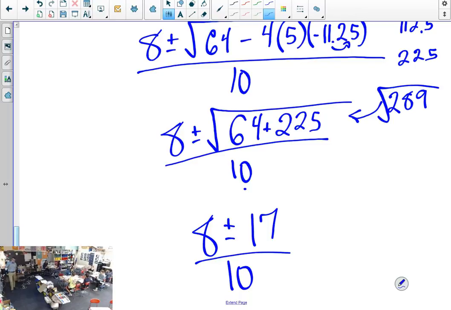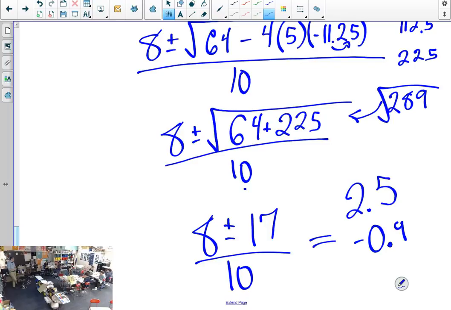So if we add this, hold up, let's wrap this up. If we add this and then divide by 10, what do we get? 2.5. We subtract this, or negative. Negative what? 0.9. And that's it.